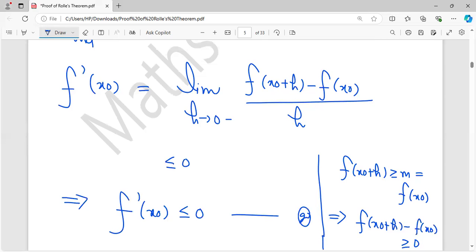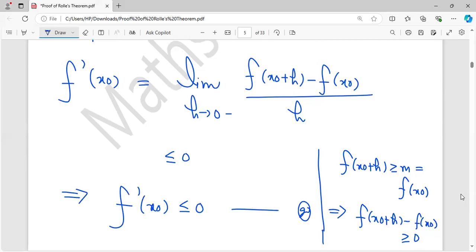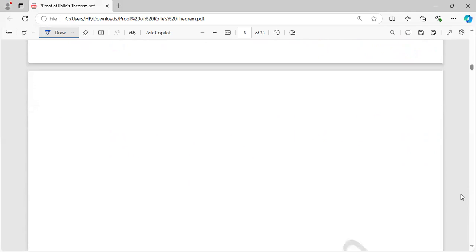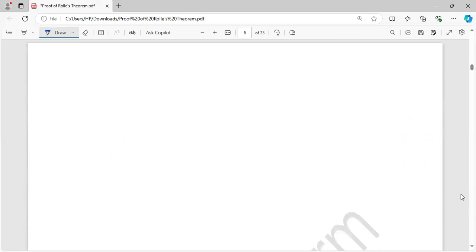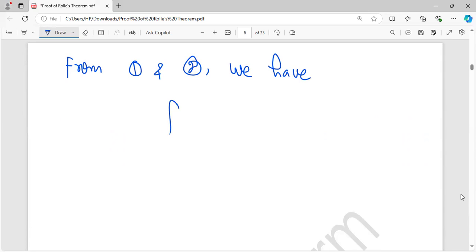So from equations 1 and 2, from 1 we have that the derivative is non-negative, and from equation 2 we have that the derivative is non-positive.